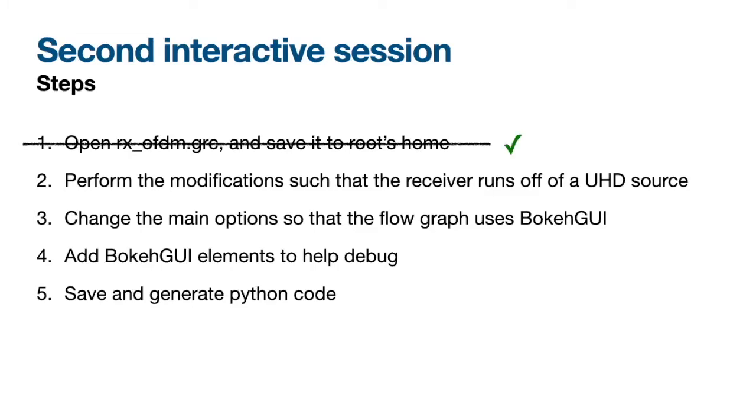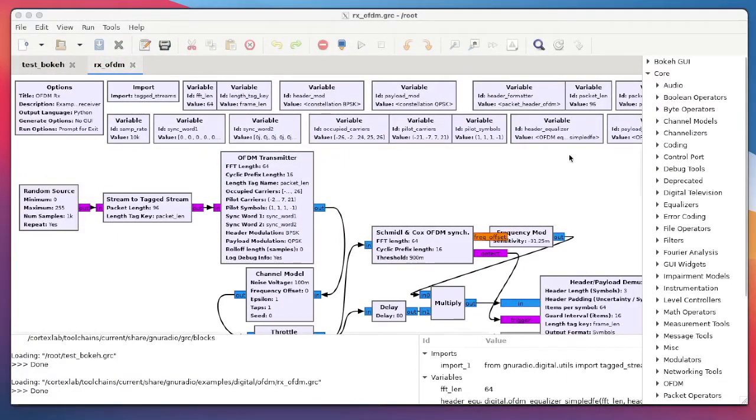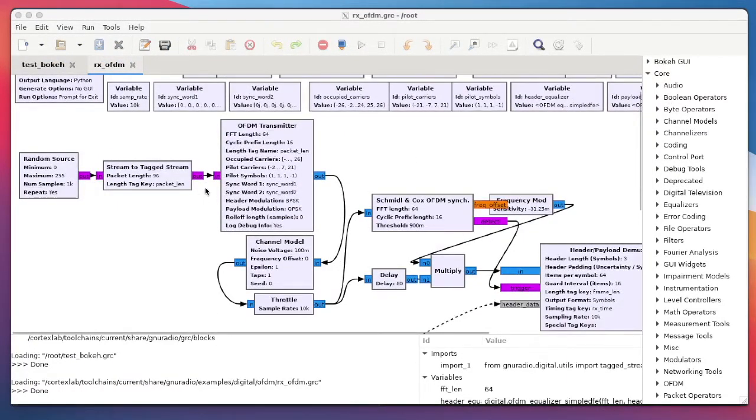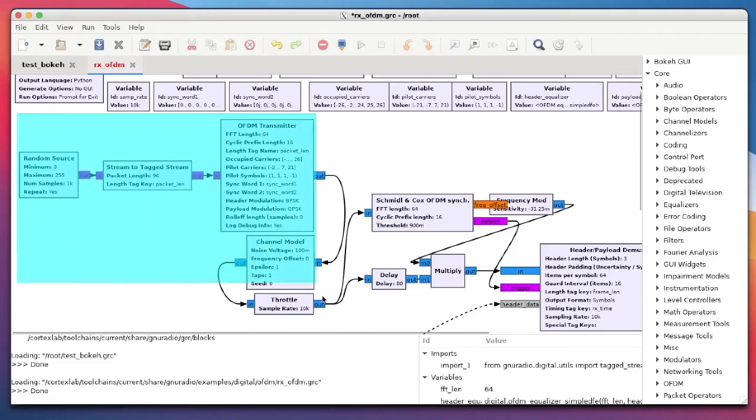We can go on to the second step, which is to perform the modifications that we need in order to replace the parts that we don't need by a UHD source. Let's go back here to our GNU Radio Companion. The parts that we need to take out will be these blocks right here that will not be needed. These blocks are actually simulating an OFDM transmitter and are not necessary for us. So we're going to select all of them like this.